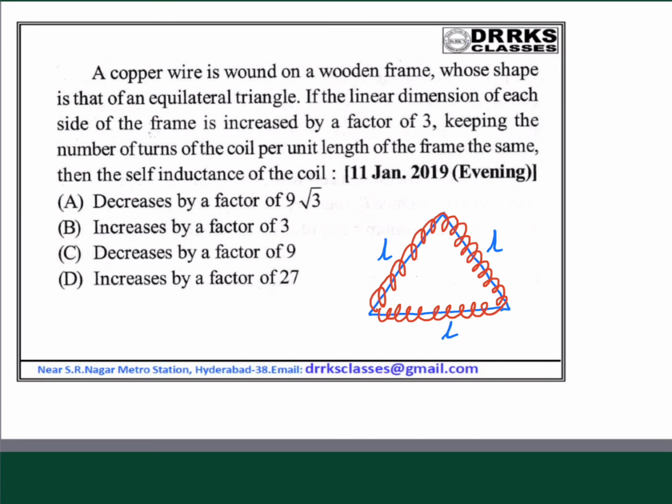Look at this one. Here, copper wire is wound on a wooden frame whose shape is that of an equilateral triangle.